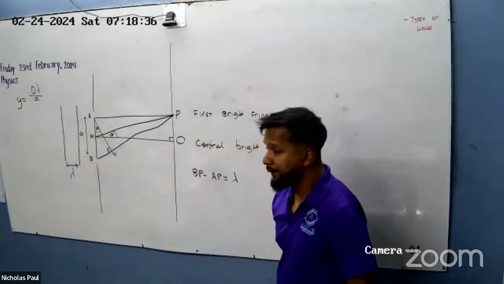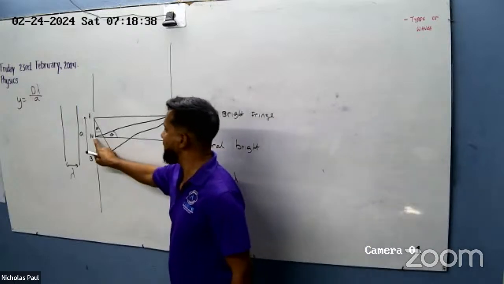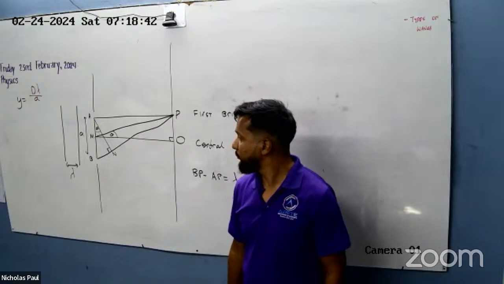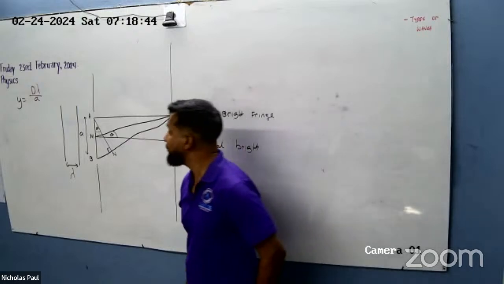Pardon me? M is the middle, like A and B. Capital E and B. Pardon me, ma'am?